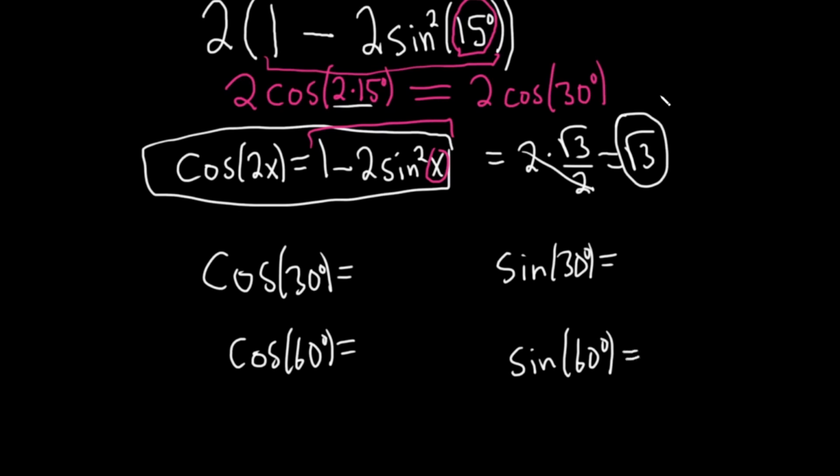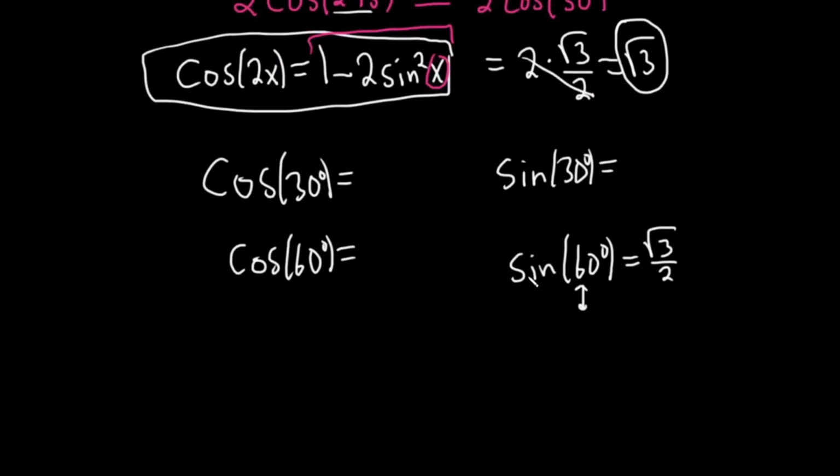Many people end up memorizing that decimal simply so they don't have to memorize the square root of 3 over 2. So the sine of 60 is the square root of 3 over 2, and 60 in radians is the same as pi over 3. 30 in radians is the same as pi over 6. And then the sine of 30 is 1/2.